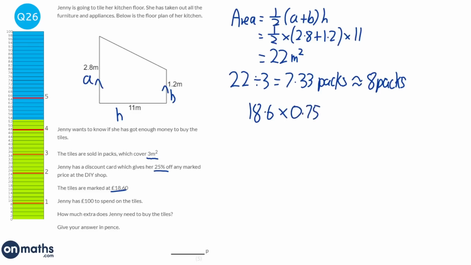So we're just going to find 3/4 of it because she has a 25% discount, and that would be 1,395. So the tiles are going to cost £13.95. Now I've done this in pence and I've kind of muddled it together here, so really let's just go back because I've done this in pence. So that would be 1,860 times 0.75.